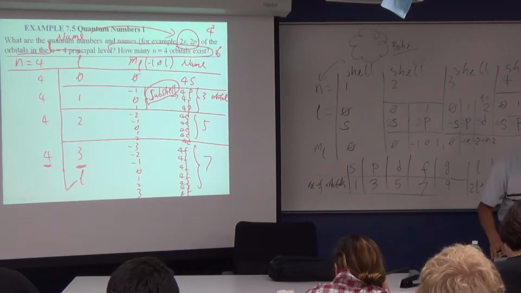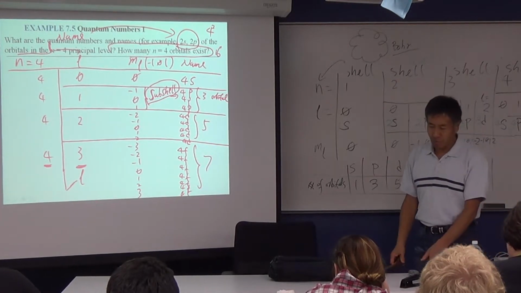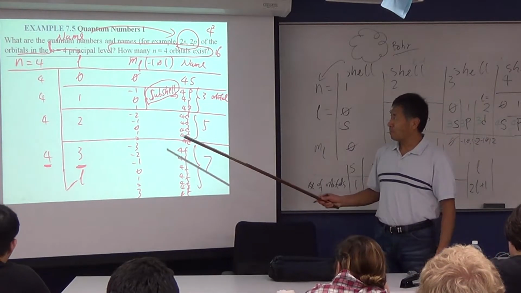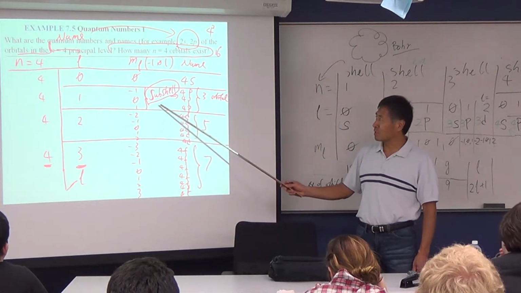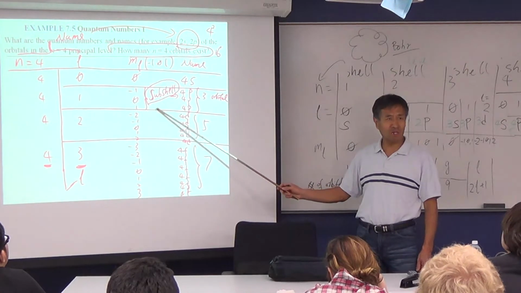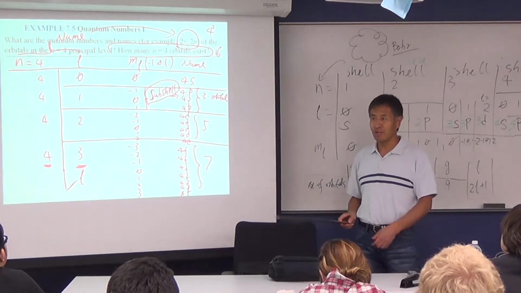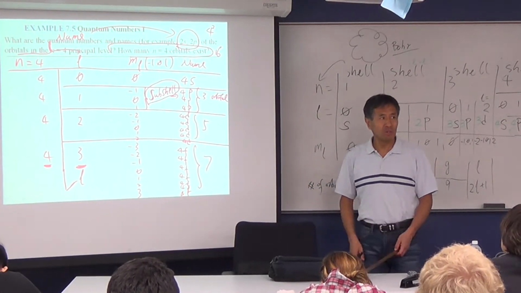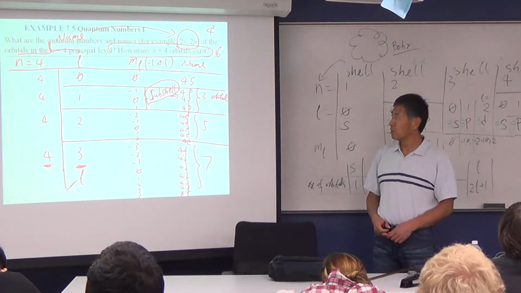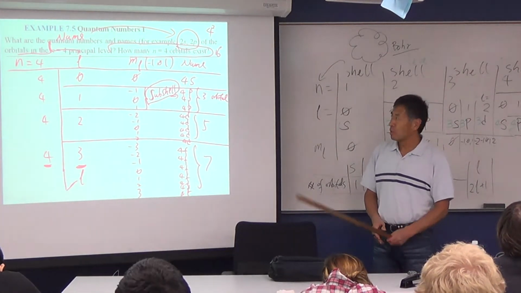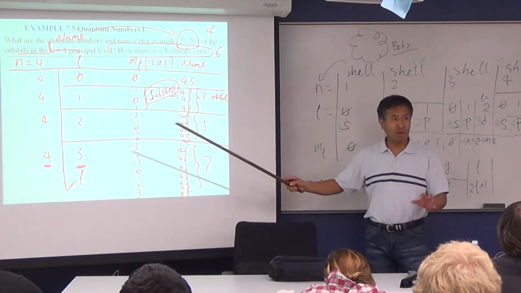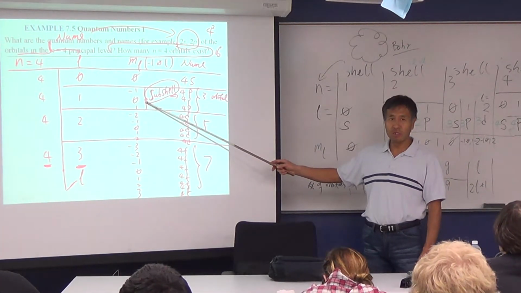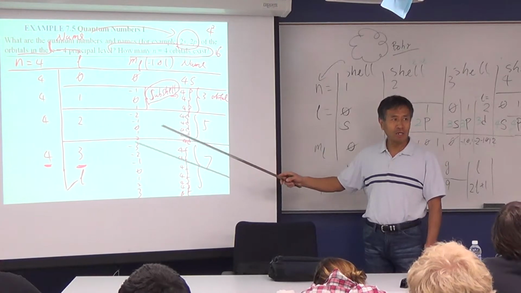If you get confused, I don't complain about you being confused, because some people call them sub-shells, some people call them sub-levels, it's just a different shape. So for the dumbbell shape, there are 3, right?